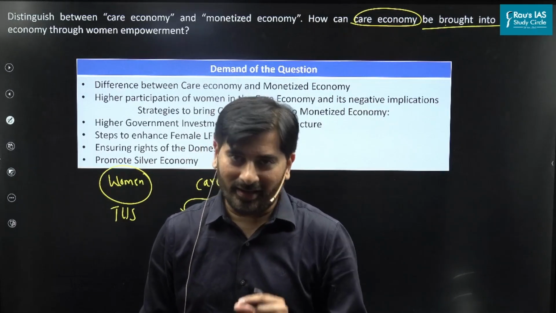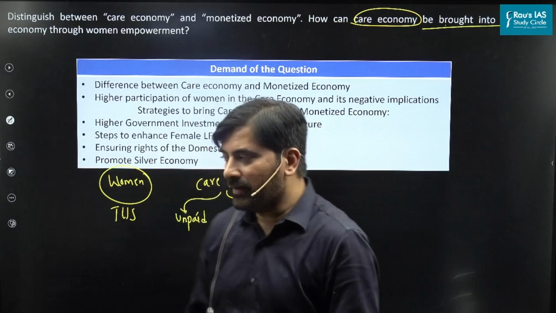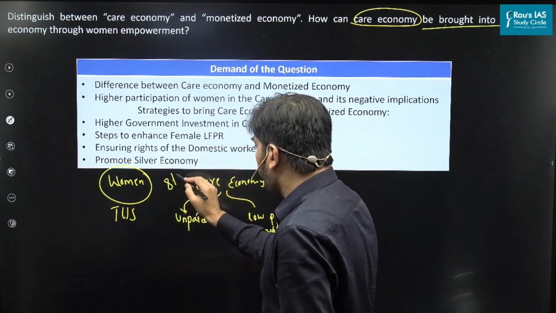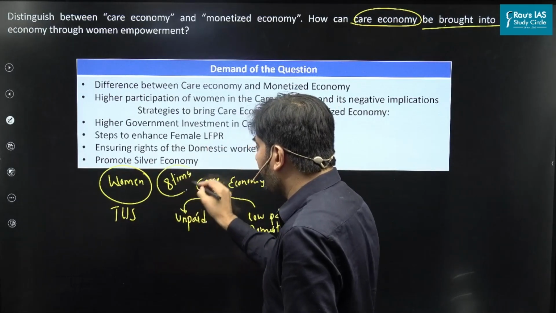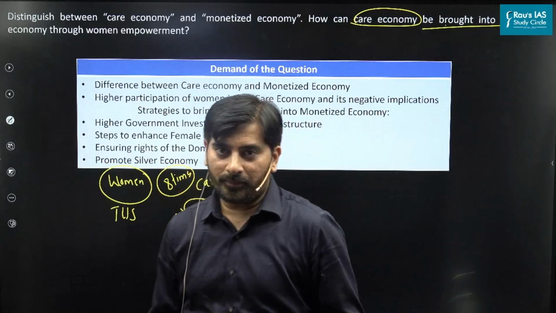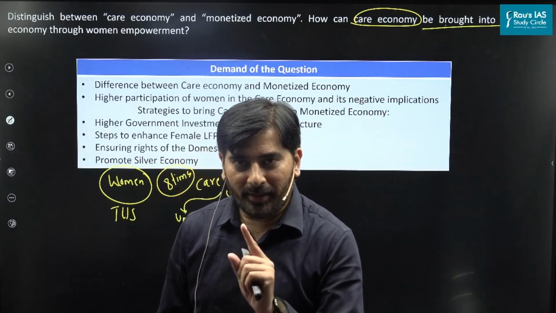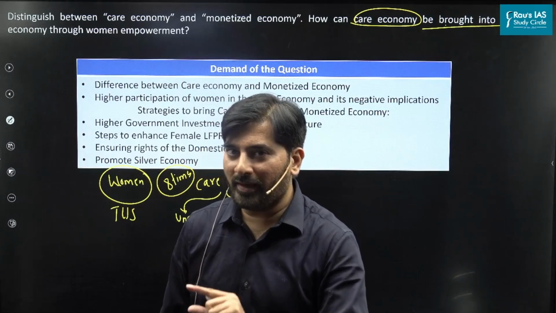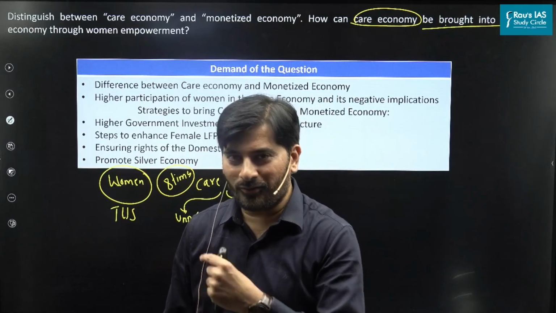Unsurprisingly, women spend 8 times more time than men in household work. It means if men are spending 1 hour on household work, women are spending 8 hours.